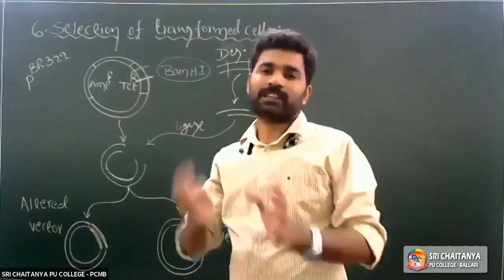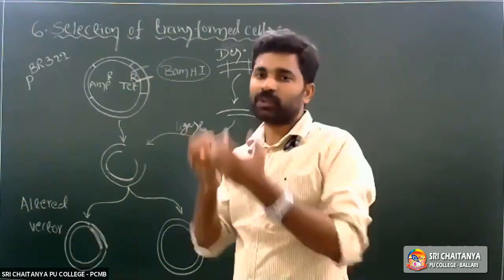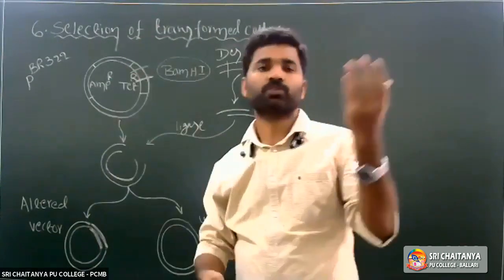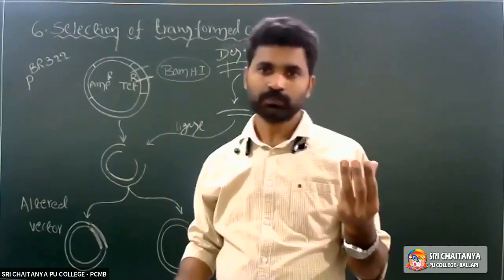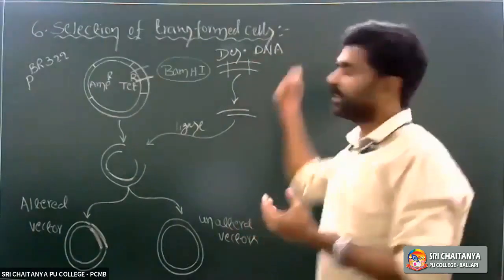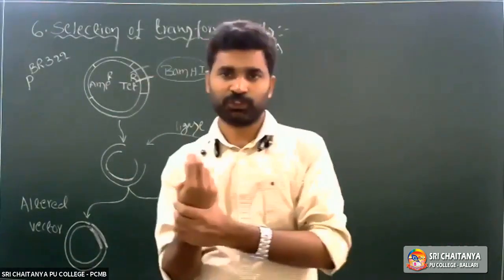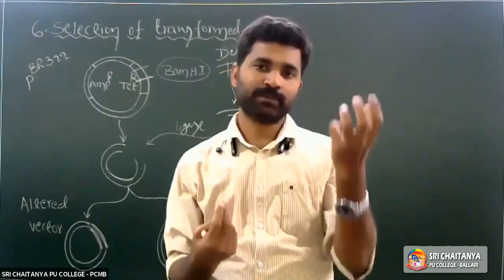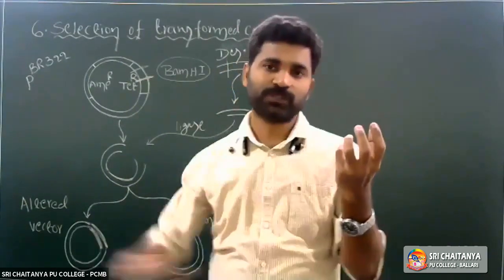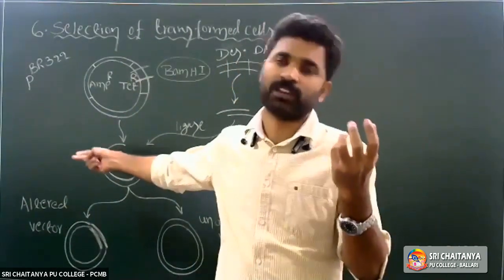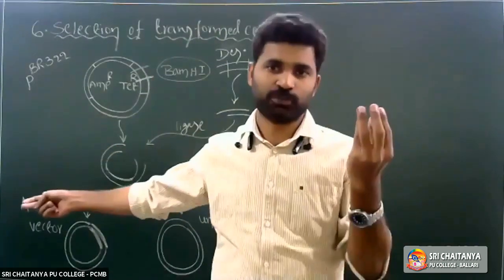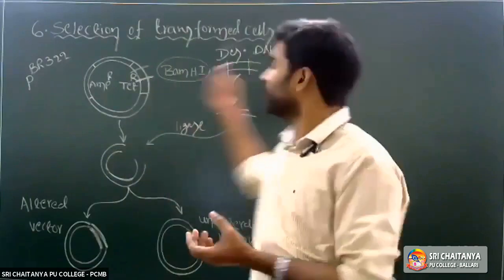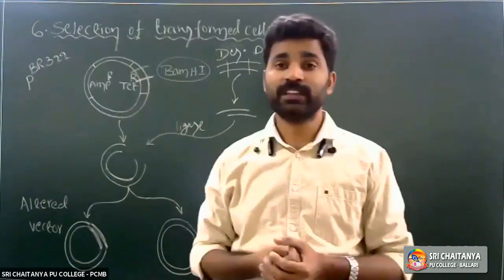Because at a time, we need to collect many pBR322 vectors in one test tube, and many foreign DNA fragments in another test tube. For example, in one test tube we collected many artificial pBR322 plasmids. In another test tube, we collected foreign DNA segments.